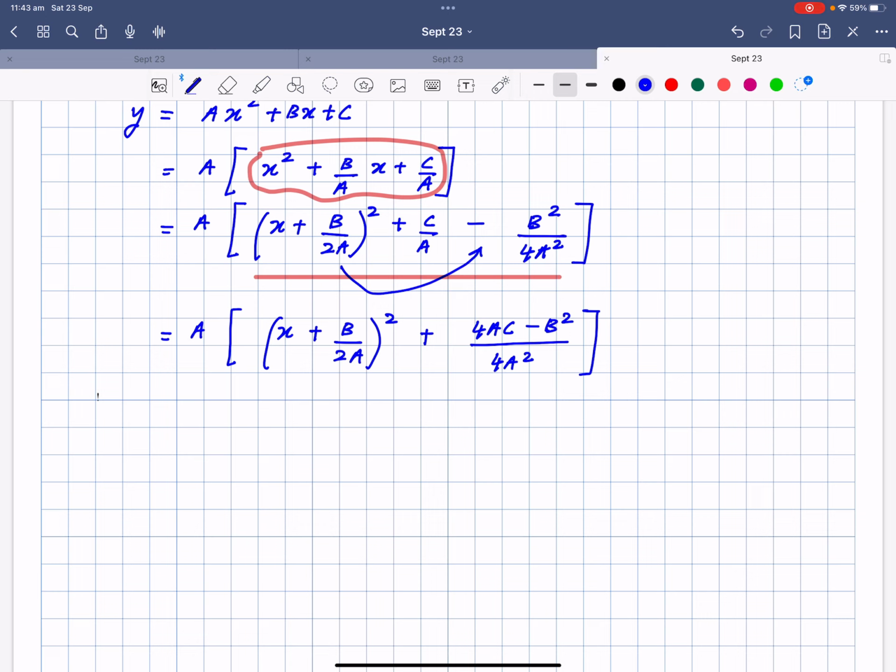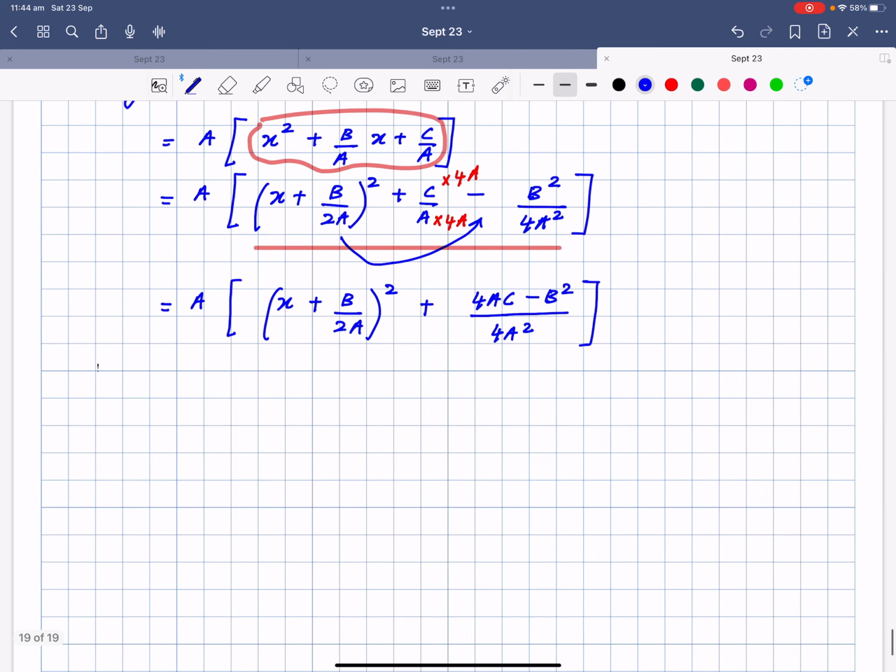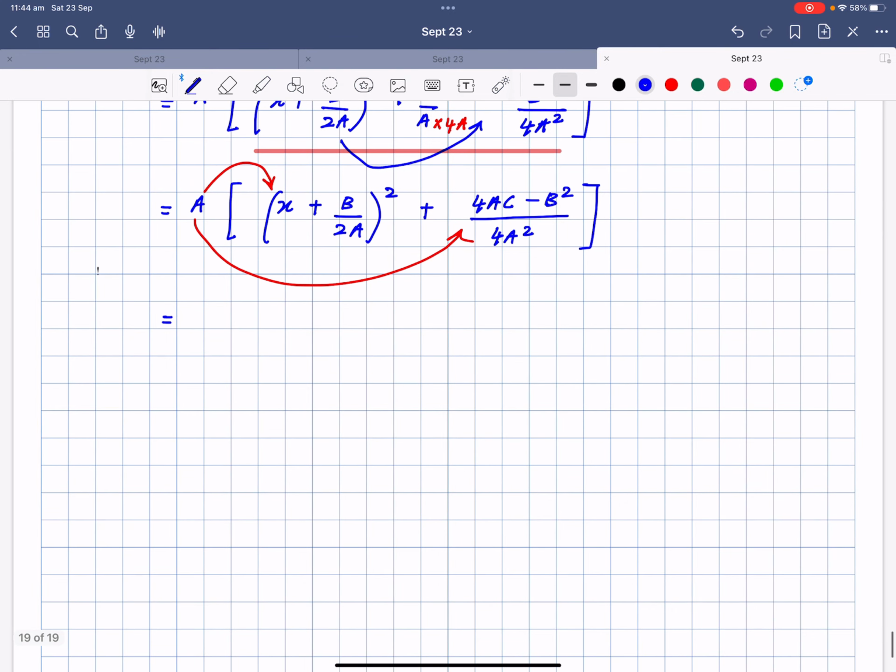How did you get the 4ac? So I multiply this by 4a to get the common denominator. Right? Then there are two terms inside. I'm going to multiply the first term with a and the second term with a. When I do that, it looks like this.